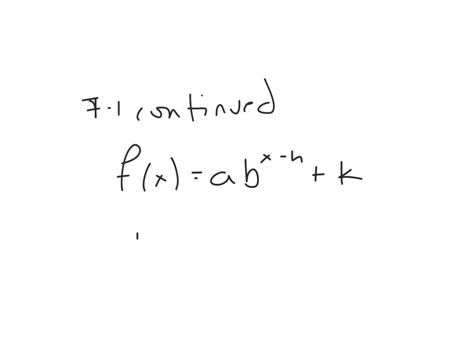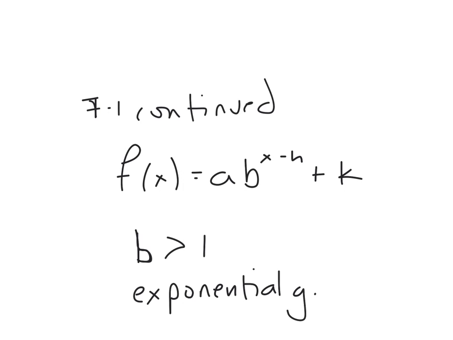So if b is greater than 1, then this is called exponential growth. And my graph looks like this.